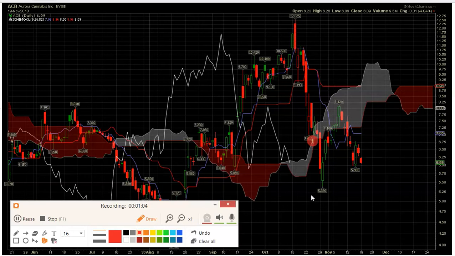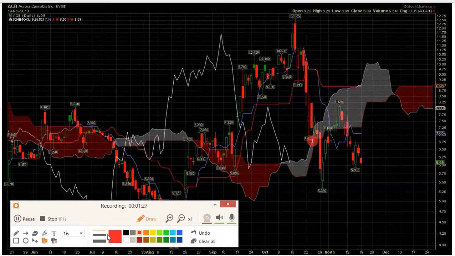So that would be my first negative check on my checklist. It's a bearish point. Now, it traded back up into the cloud, and then it came back through the cloud, and we are still trading under the cloud. So is price trading below the cloud? Yes, it is.